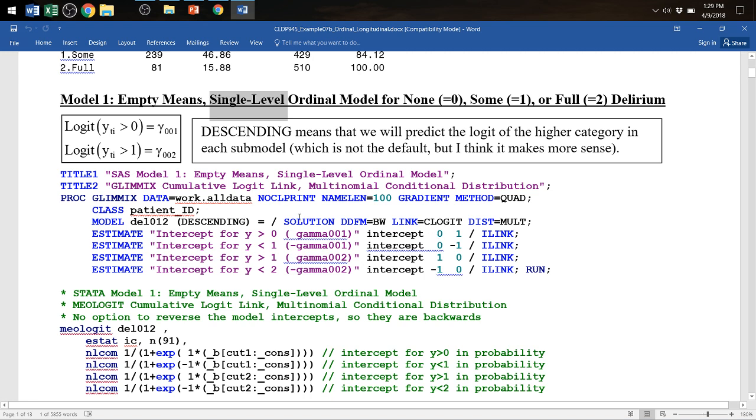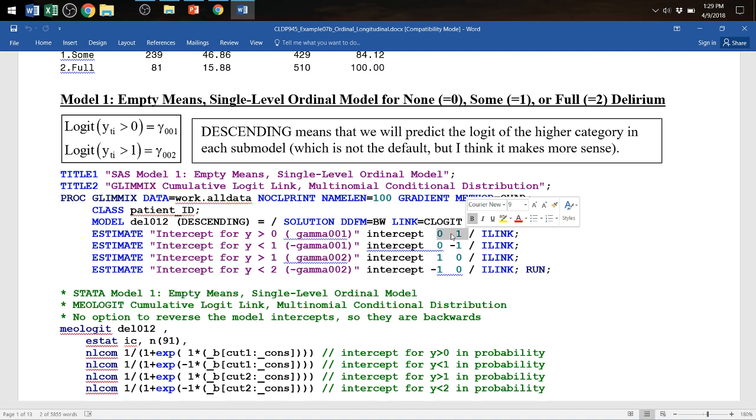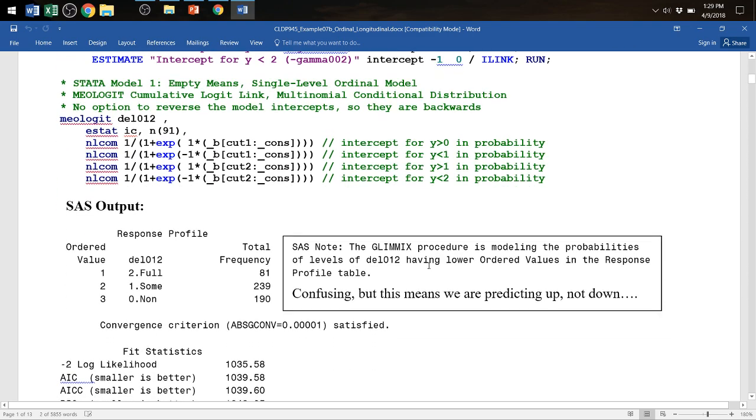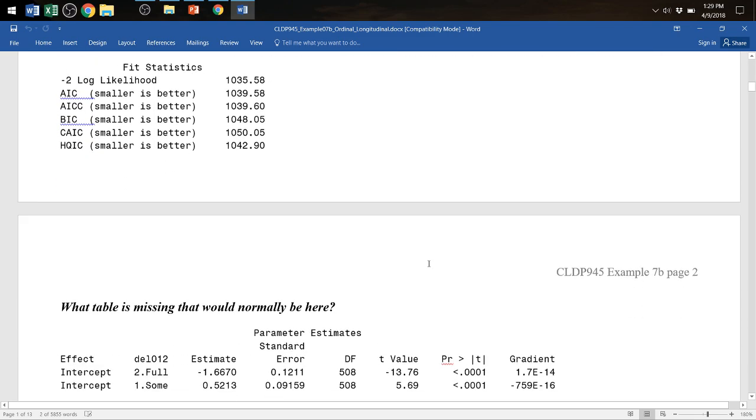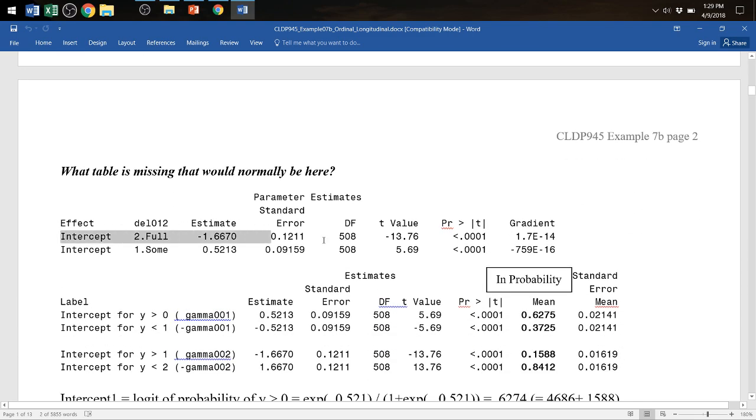In these ordinal models, how you refer to the different intercepts is you simply list them in the order in which SAS thinks they are there. Note, not the order that you would think they would be, but what SAS thinks they would be. I had to figure this out the hard way. In this first example, SAS prints the logit for 2 instead of 0 or 1 first.